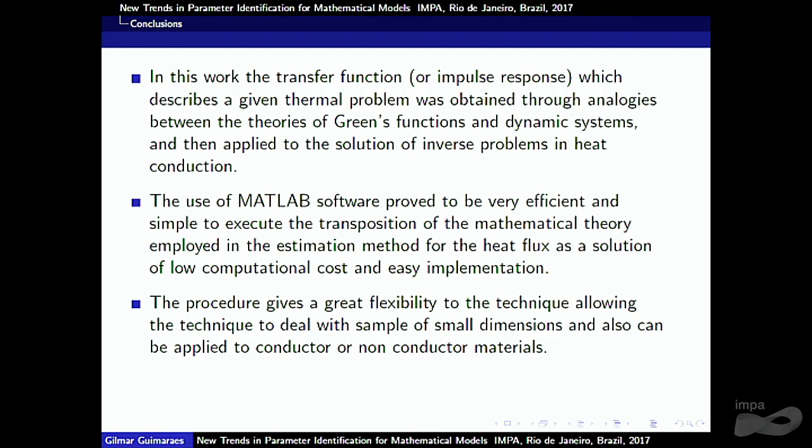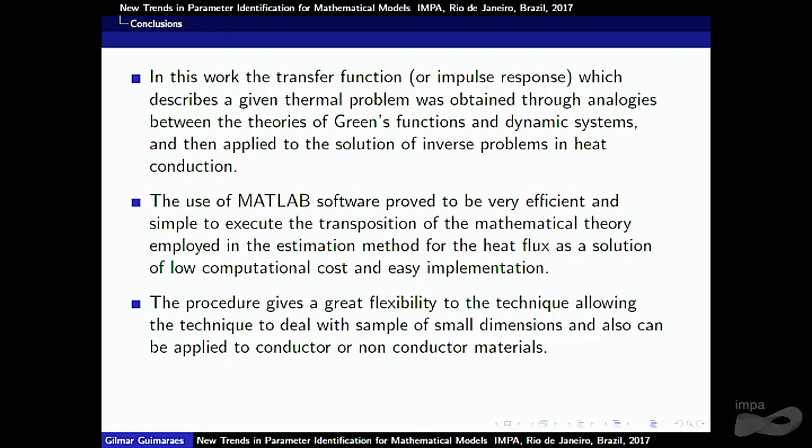The conclusions: in this work, the transfer function, which describes a given thermal problem, was obtained through analogies between the theory of Green's functions and dynamic systems, and then applied to the solution of inverse problems in heat conduction.